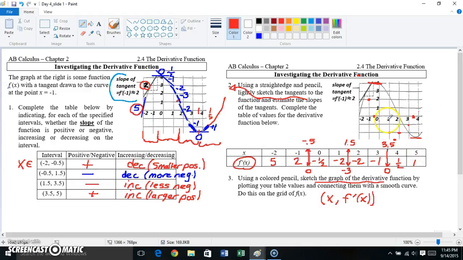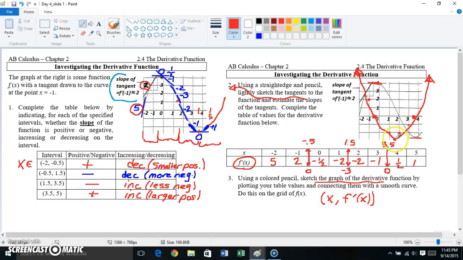Those numbers are probably not very accurate, but this is a cubic function, okay? And when we draw this derivative, I'm not hitting these points very well, but we get some kind of graph that looks like a quadratic graph.